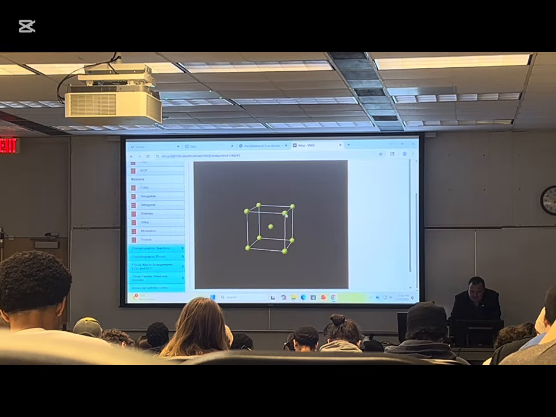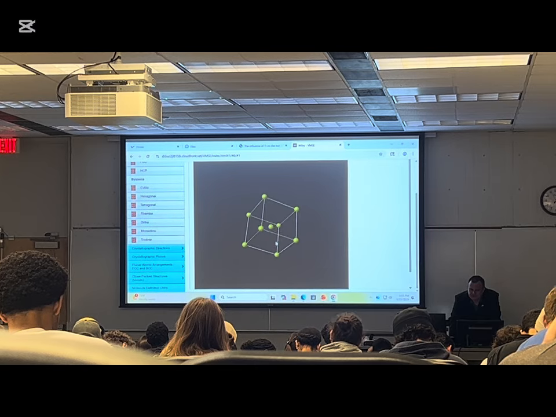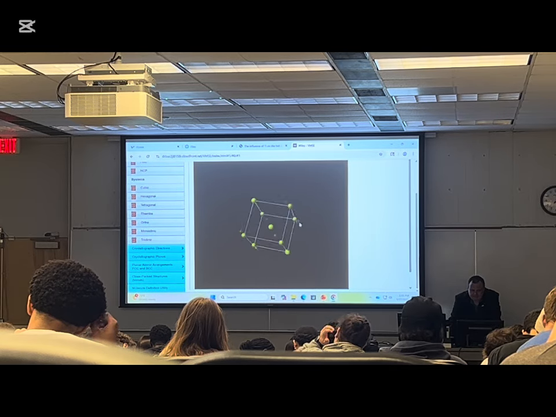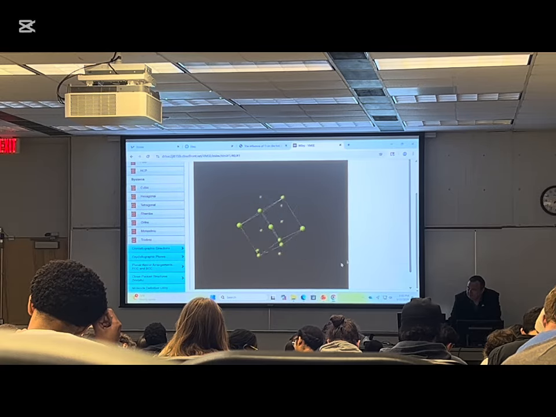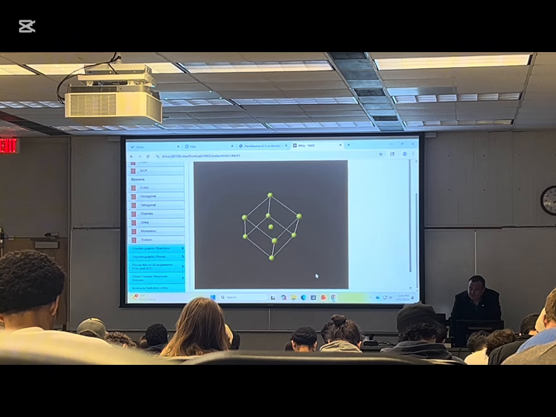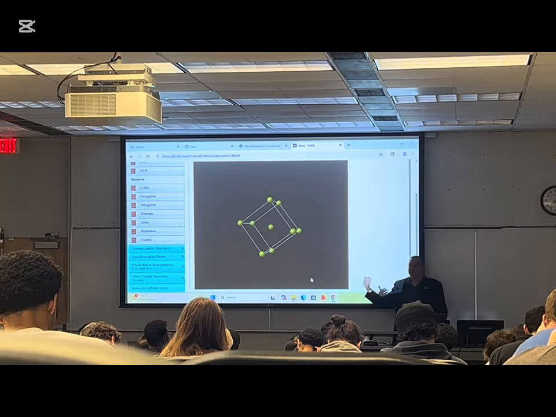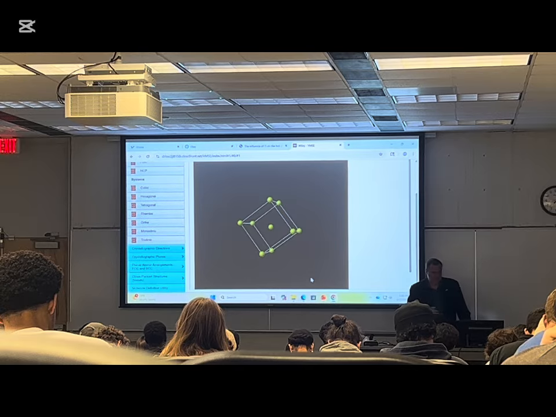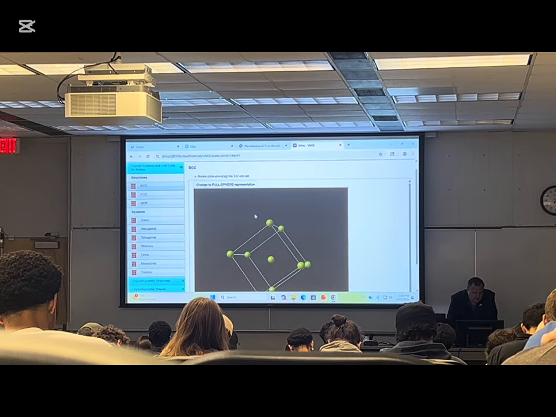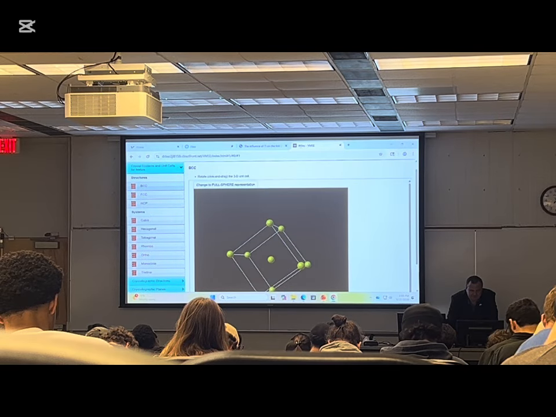Okay? And here's the BCC. You can rotate it in 3D. Why can this be useful for you? Well, if you ever need to do a visualization, you can just take a screenshot. Let's see what else we have here. There's no simple cubic, so we'll just stick to the lectures for that.